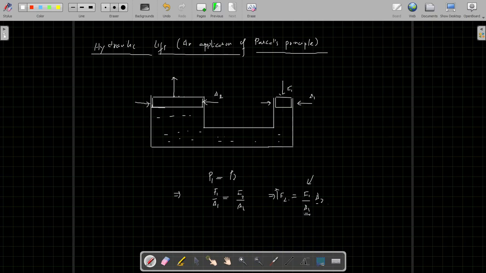Let us see what this means. Let us see this with an example.